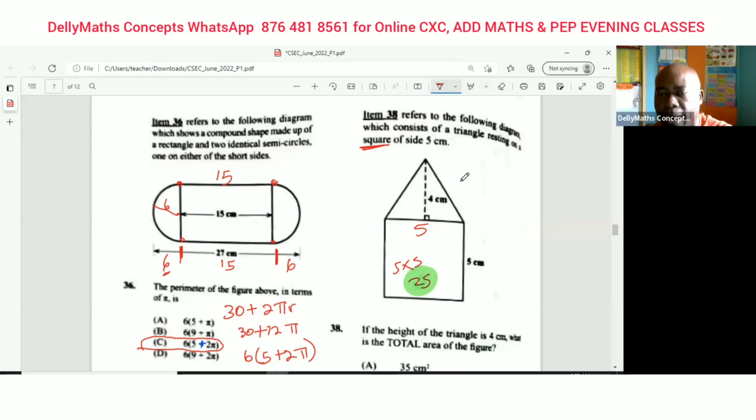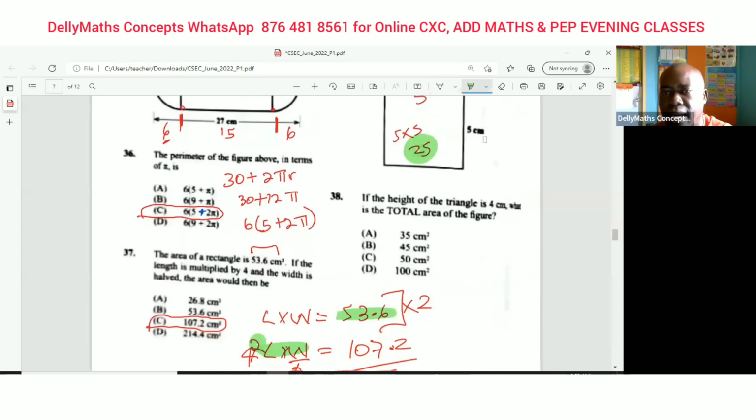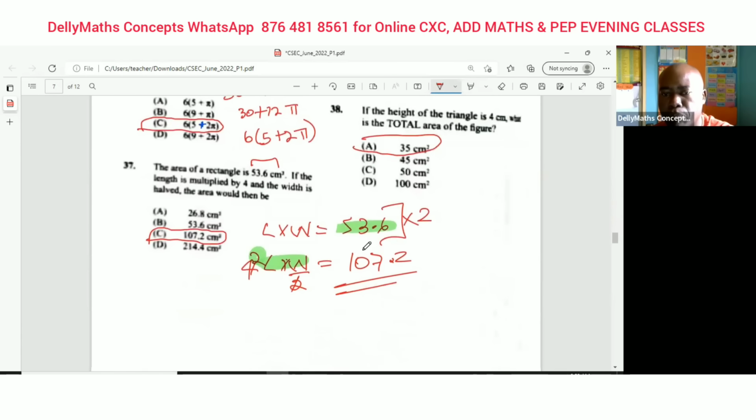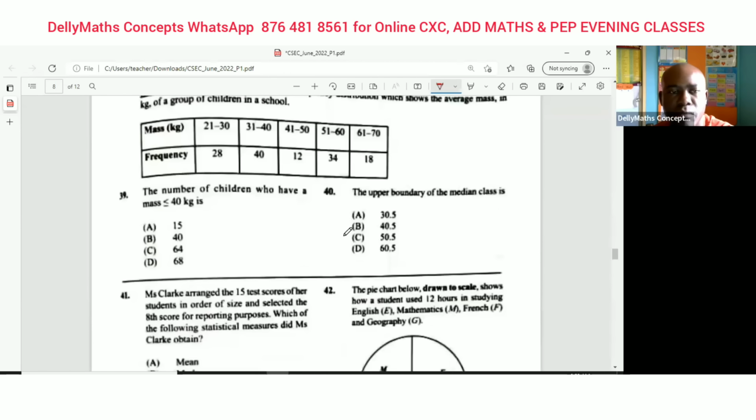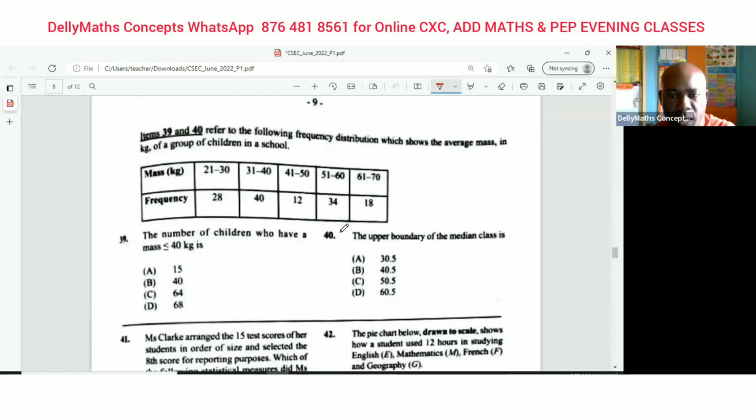Up here, it's going to be 5 times 4, half the sum of base times height. So this is going to give us 10. So this piece is 10 right there. So we're talking about 10 and 25. So we're looking at 35.